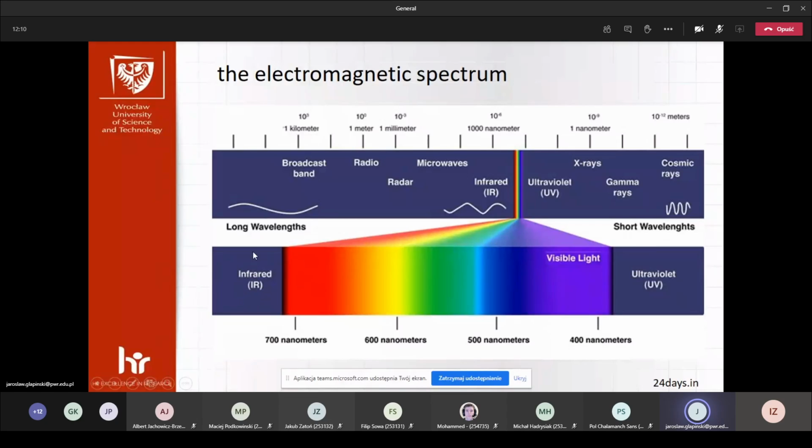Below, we've got infrared, which we as human beings can't see, but maybe some animals can, and the ultraviolet. This is beyond violet, so shorter waves than the violet one, and probably no human or animal can see these electromagnetic fields.